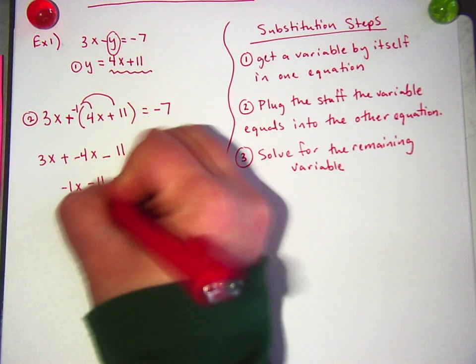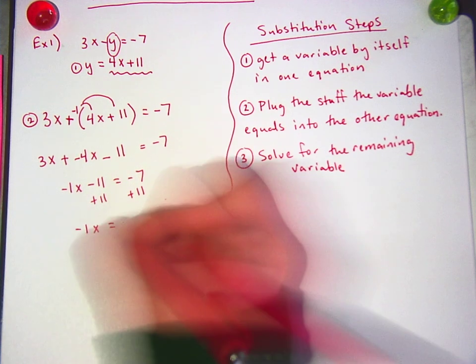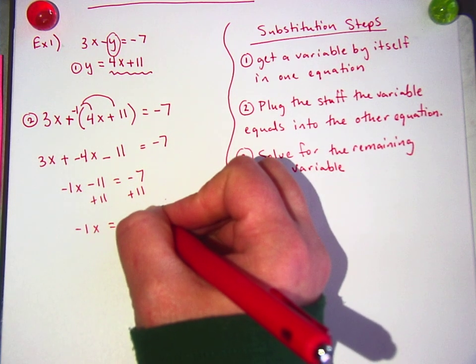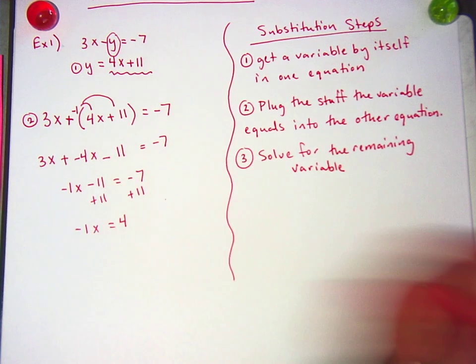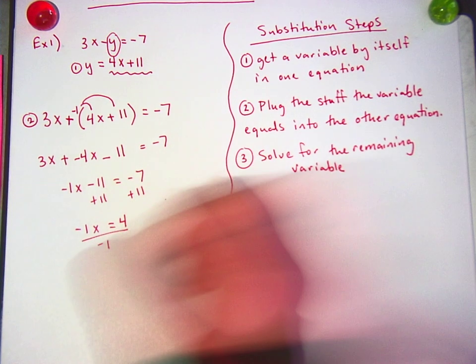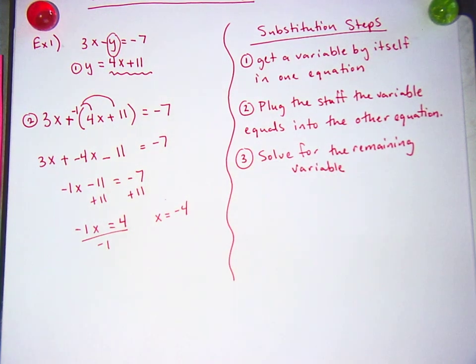Add 11 to both sides. -1x is equal to 11 minus 7 is 4. And then divide by a -1, so x is -4.